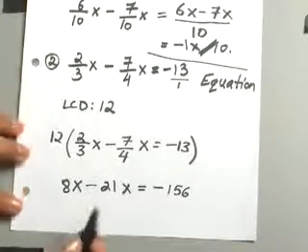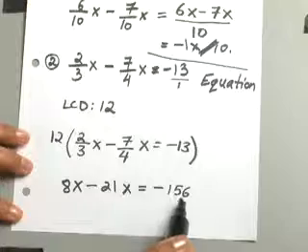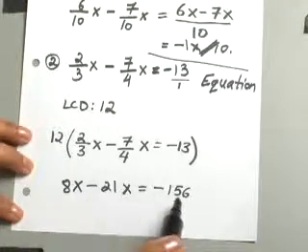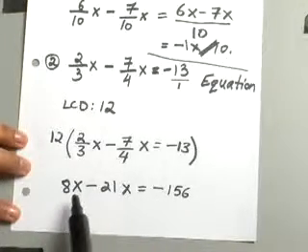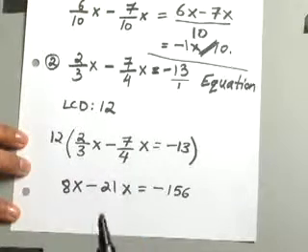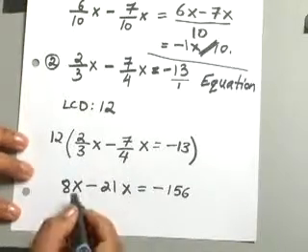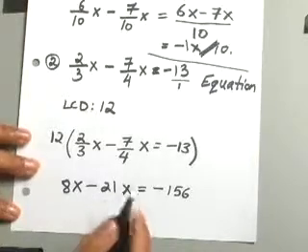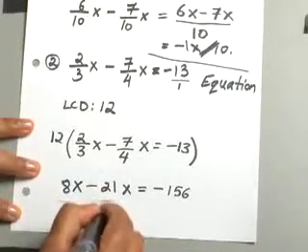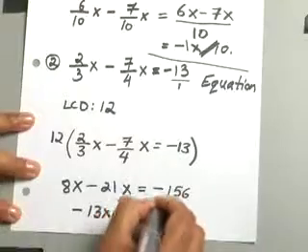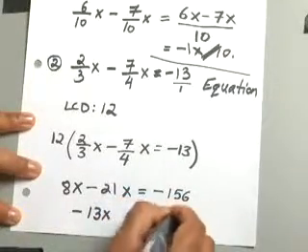So now you can see how all your denominators are gone, and now everything is in terms of integers. And of course, this will be much easier to work with as opposed to having fractions in our problem. So you can combine 8x and 21x, which will give us a negative 13x equals negative 156.